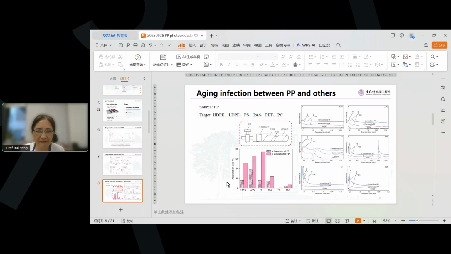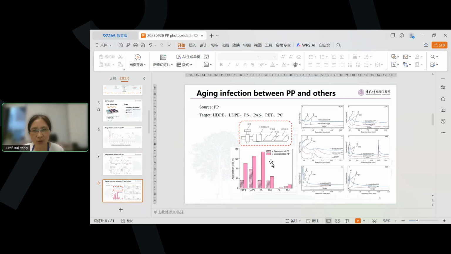So we can find that the aging of PP has influence on other polymers to different extents. For PS, it shows the highest acceleration ratio from unstabilized PP.